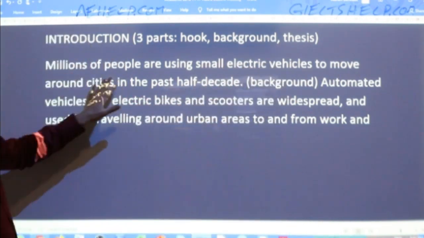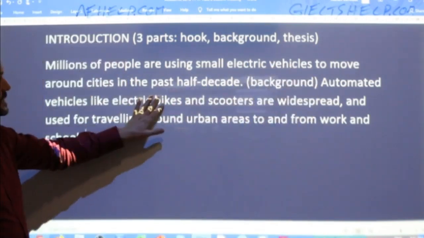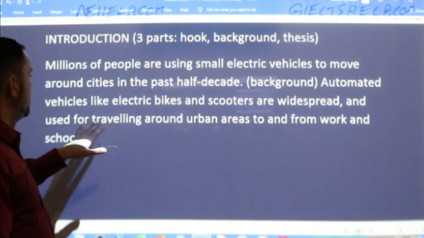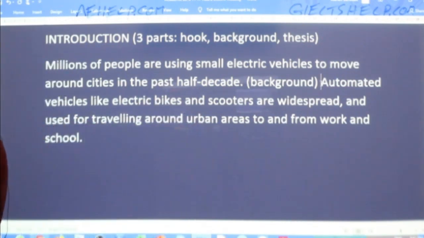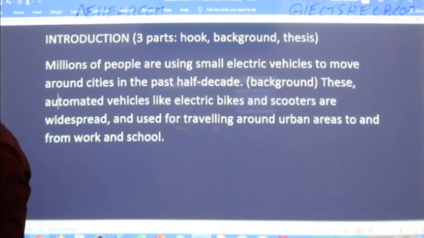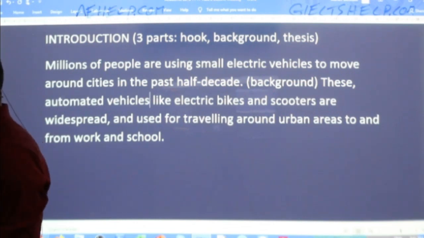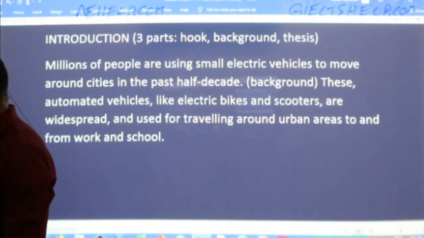So millions of people are using small electric vehicles to move around cities in the past half decade. These automated, so I'm just going to make it a little bit more smooth now that I have that hook. These automated vehicles, like electric bikes and scooters, are widespread and used for traveling around urban areas to and from work and school.